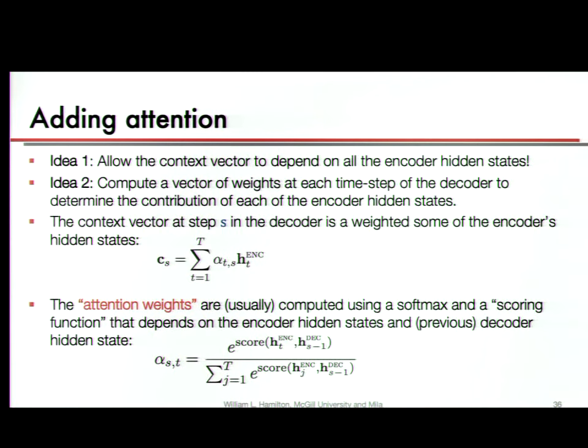And at different steps of the decoding, the weights in this sum are going to be different. So the context vector at time step S is a sum over all of the hidden states in the encoder model, multiplied by what are called attention weights, the alphas here. And we calculate different attention weights at each different step S during the decoding.